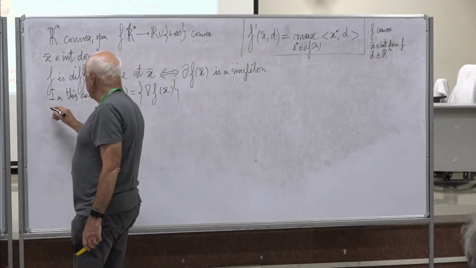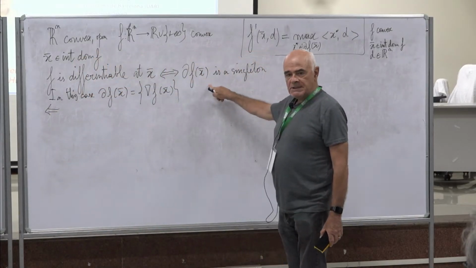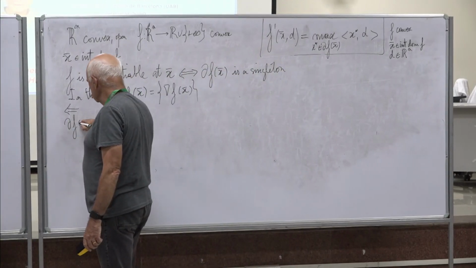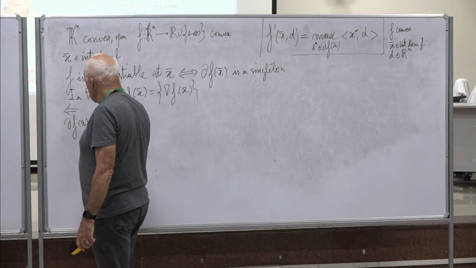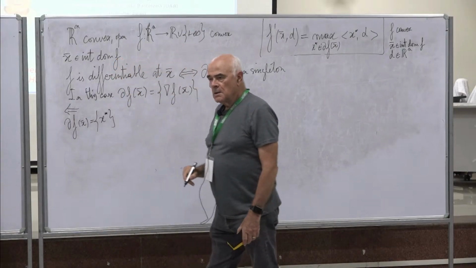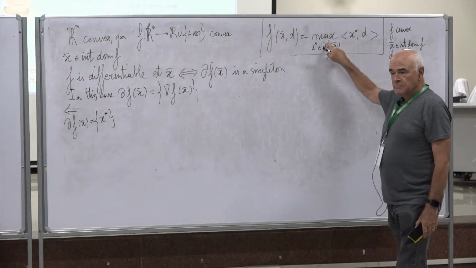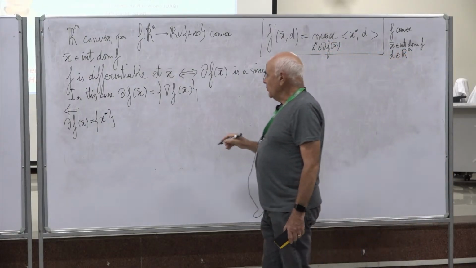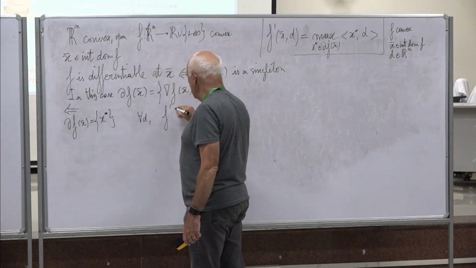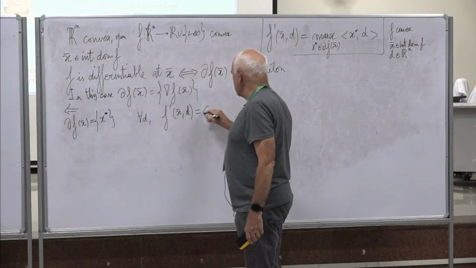Implication from right to left. Suppose the subdifferential is a singleton, it has just one element. Then use this expression. You have that for every d, f'(x bar, d) is equal to x star d.